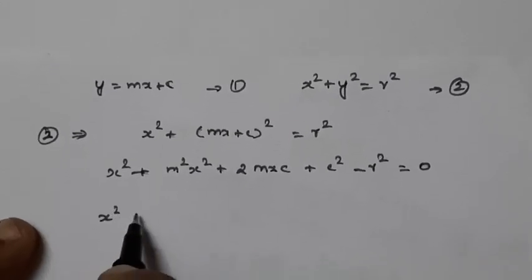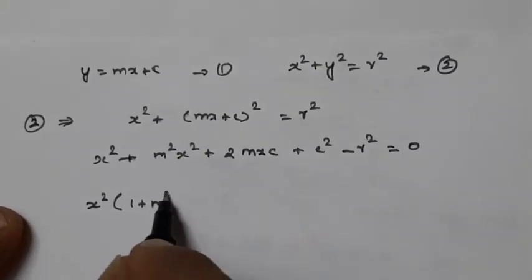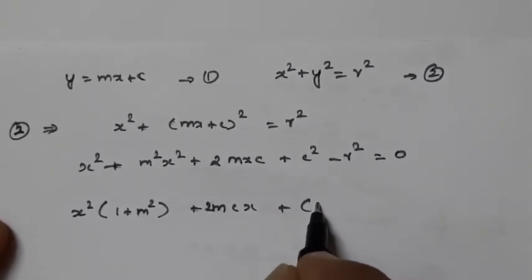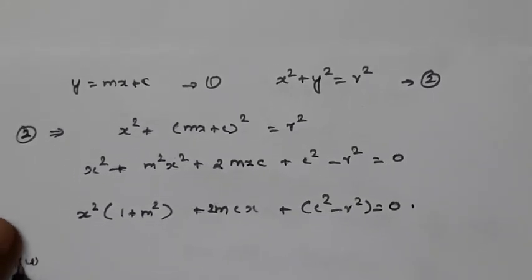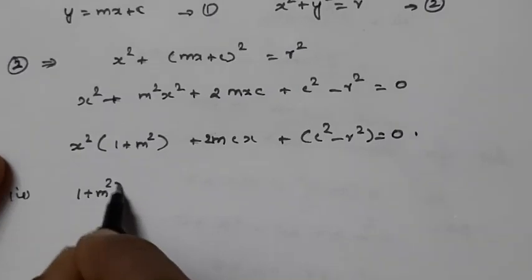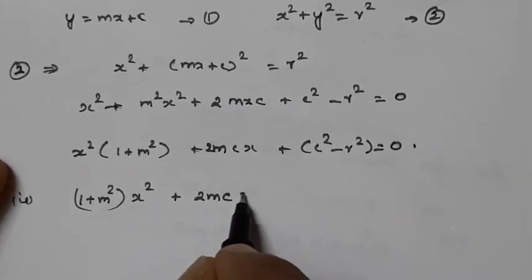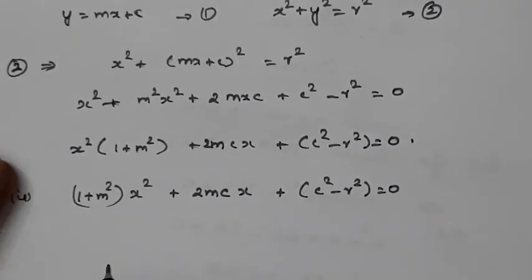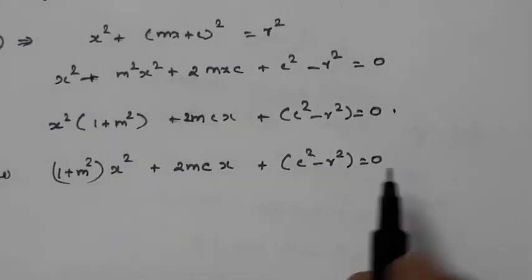That is x squared plus m squared x squared, taking x squared common, we have (1 plus m squared) plus 2mcx plus c squared minus r squared is equal to 0. That is, rewriting in the proper way, (1 plus m squared) x squared plus 2mcx plus c squared minus r squared equal to 0. So on solving 1 and 2, we get a quadratic equation in x.